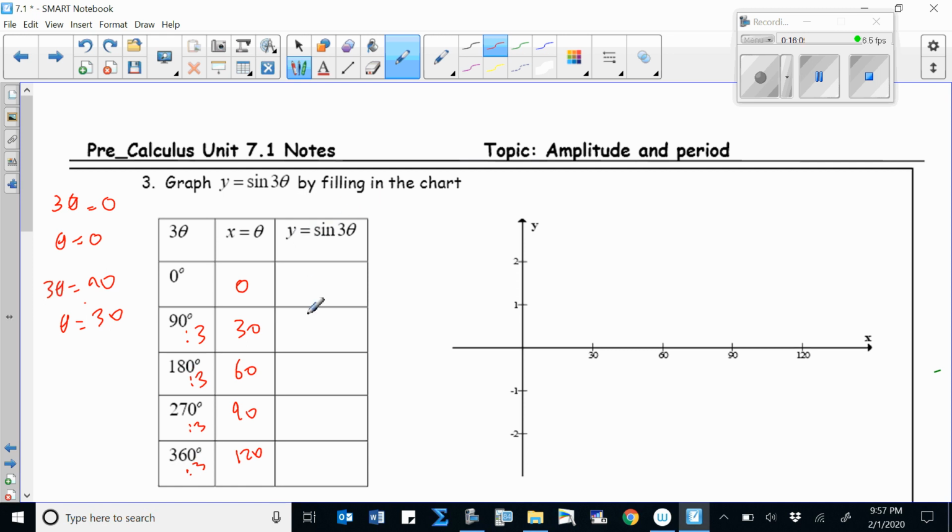So to fill this column, I'm going to find sine of 3 theta. So when x is 0, y will be sine of 3 times 0, which is sine of 0.